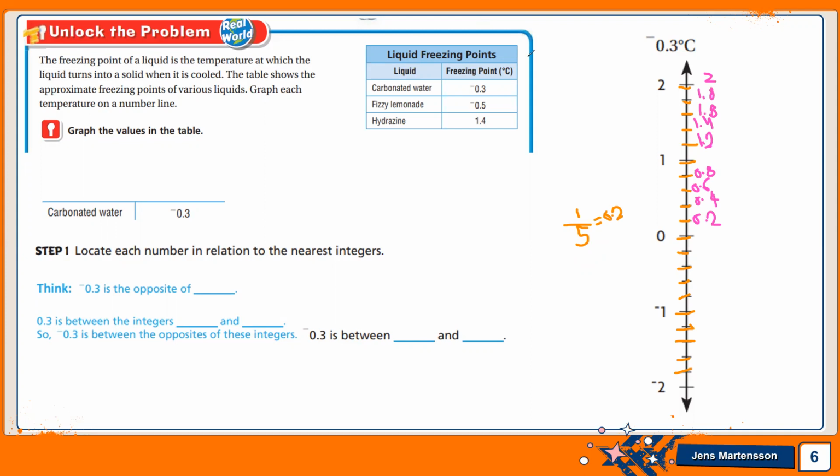Since there are 5 dashes, I divide the difference, which is 1, by the number of dashes, which is 5. So 1 over 5 is 0.2. That means the value of each dash represents 0.2. This is the first thing: before I represent the numbers, I must know the value of each dash.